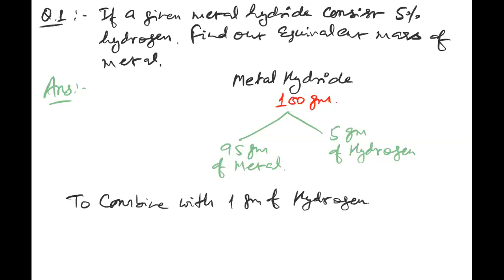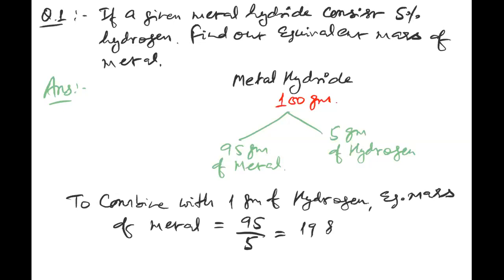So to combine with 1 gram of hydrogen, the equivalent mass of metal is 95 divided by 5, which comes out to be 19 grams.